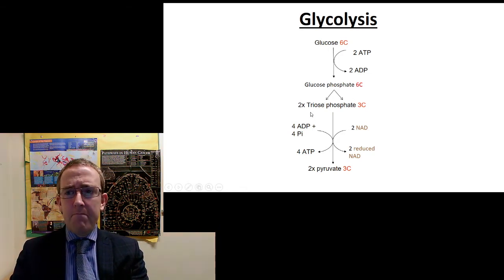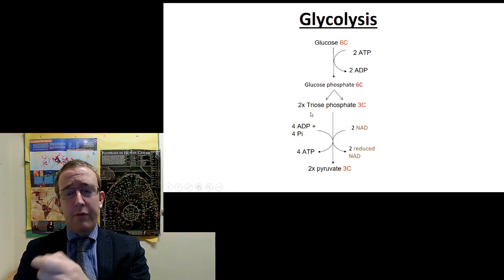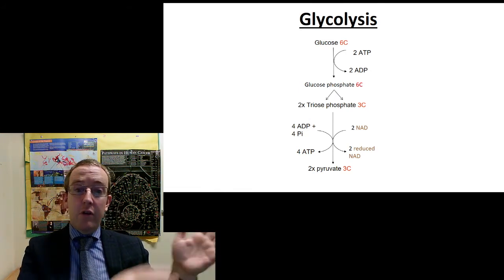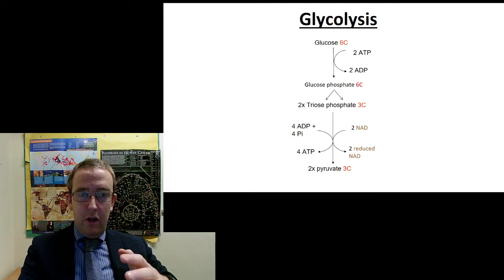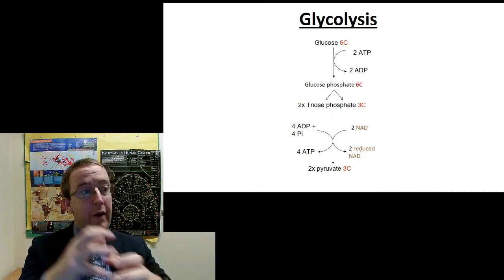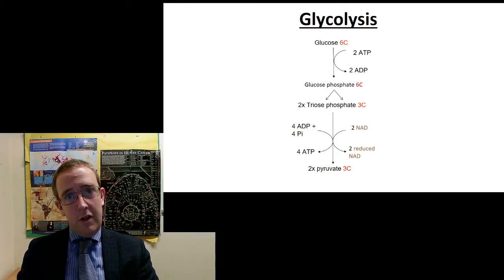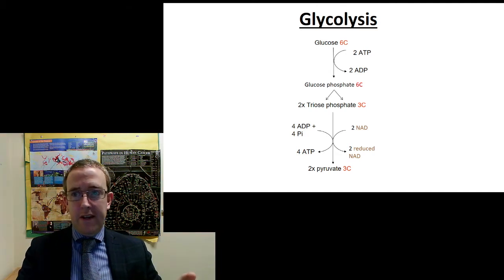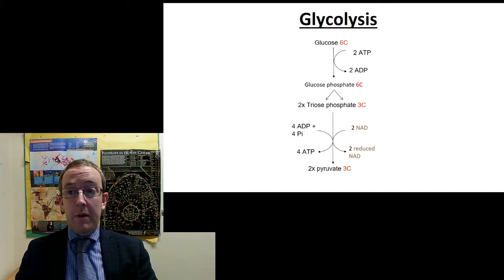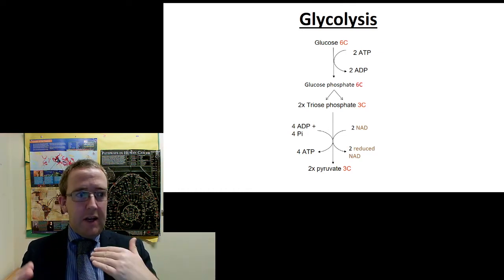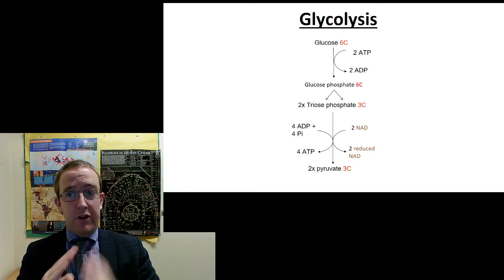Now you might be thinking, triose phosphate, where have I heard that before? And if you've done the Calvin cycle in photosynthesis, you'll know that that's the thing that comes out of the Calvin cycle and then gets built back up into glucose. Right? So this is literally the reverse of that process, of breaking the glucose back down. Triose phosphate, incredibly important. Okay? And particularly on the OCR syllabus, they make a massive deal of the overlap between respiration and photosynthesis.